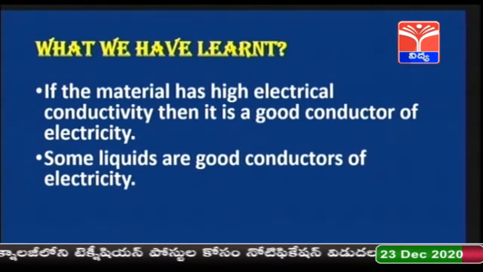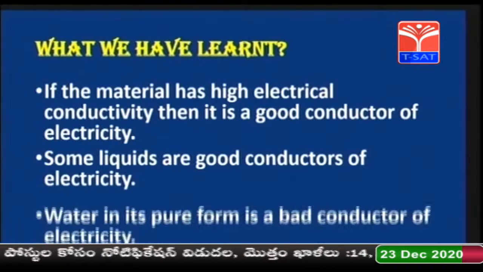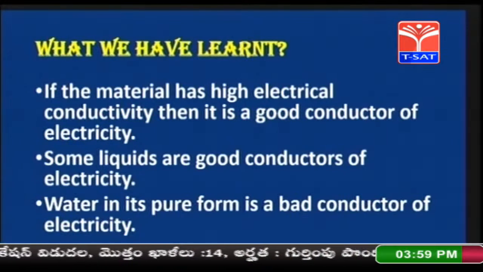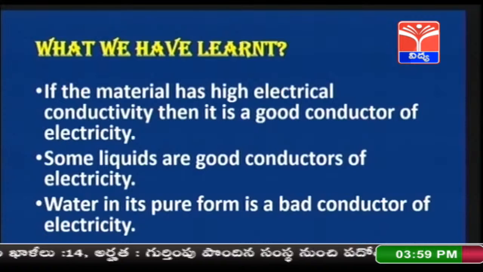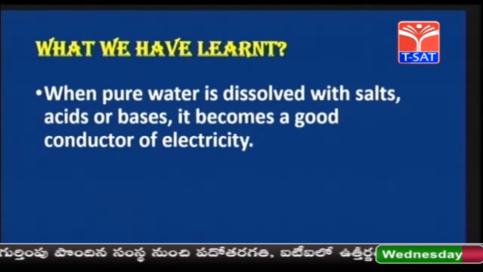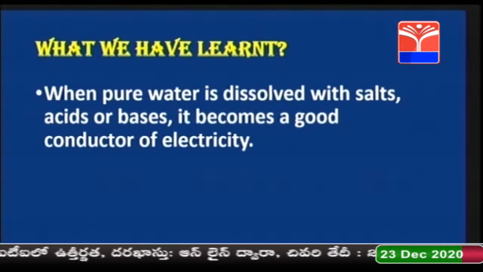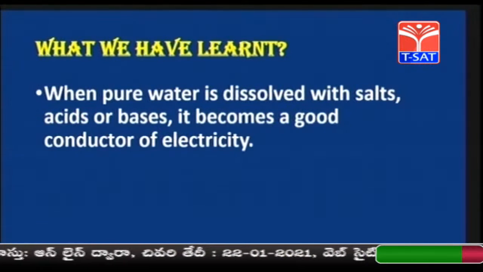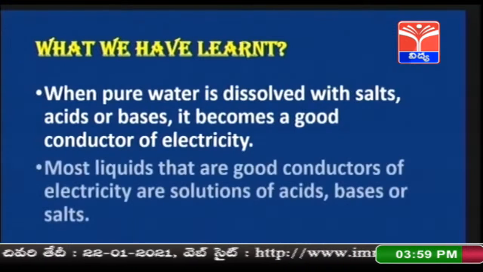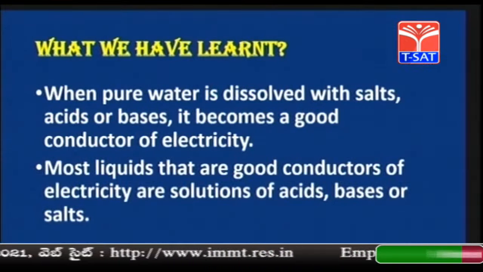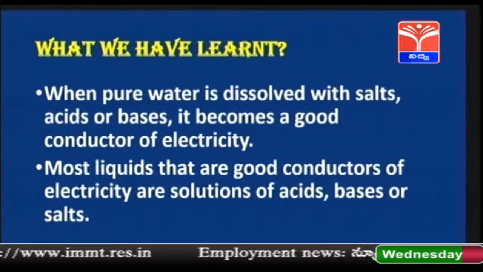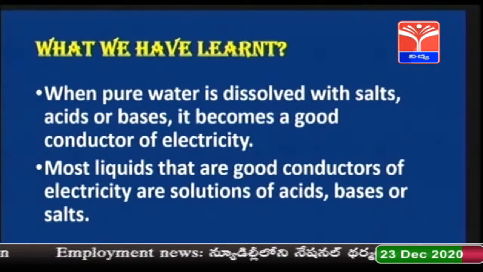Some liquids are good conductors of electricity. Water in its pure form, that is distilled water, is a bad conductor. When pure water is dissolved with salts, acids or bases, it becomes a good conductor of electricity. So, this is what we learned today. Most liquids that are good conductors of electricity are solutions of acids, bases or salts.